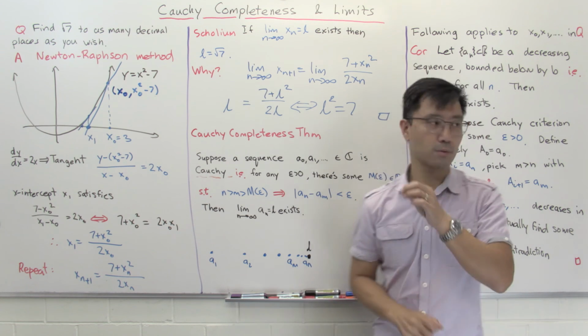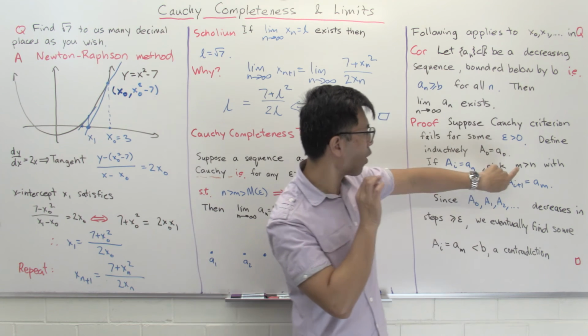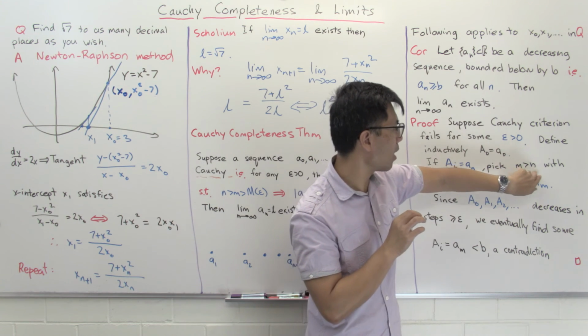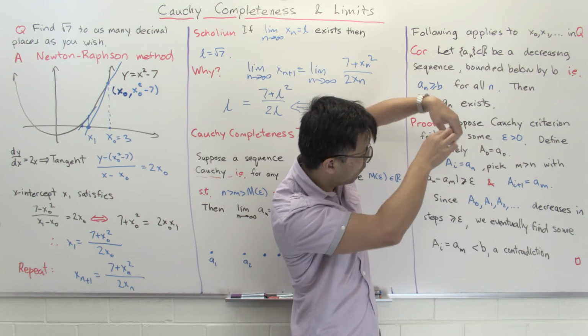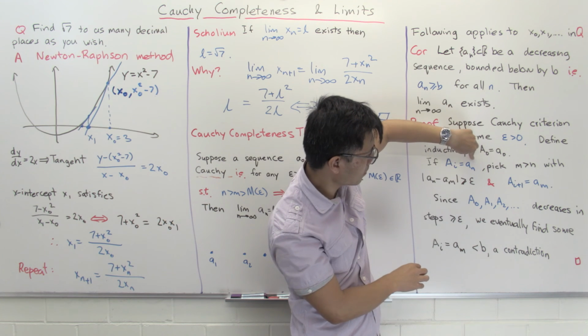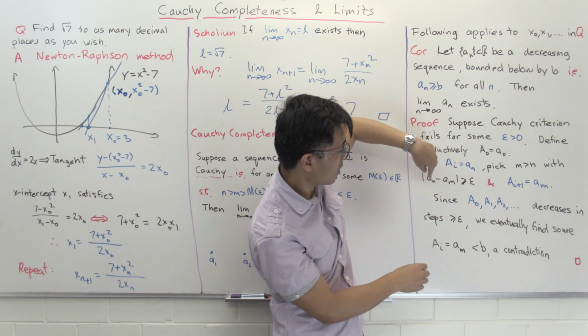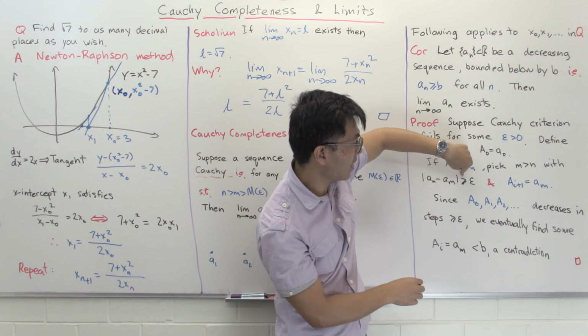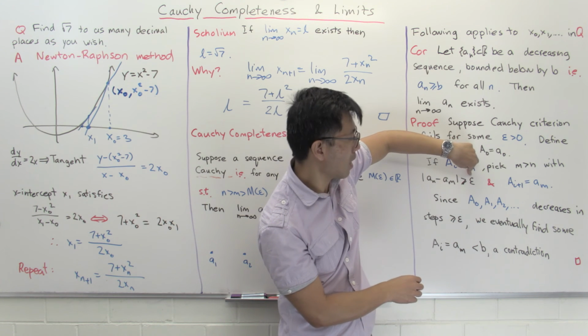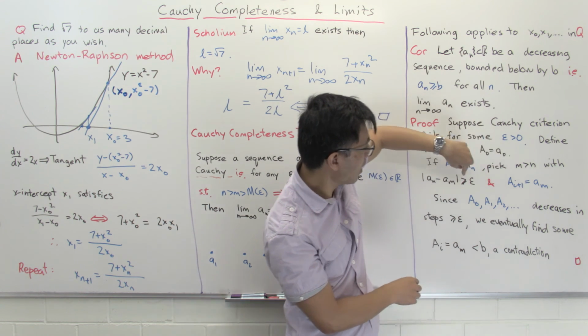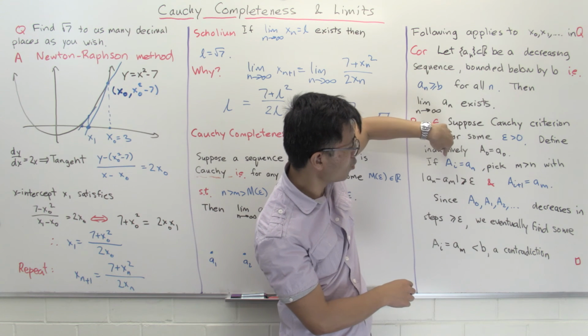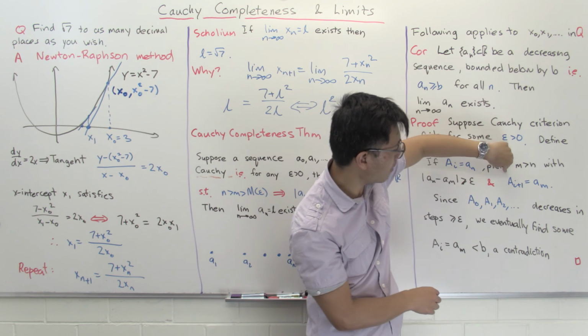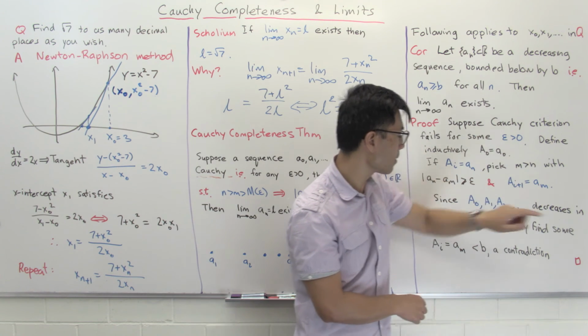Which means that you can go far enough out and find another sequence element for which this is false. So we're going to go further out and pick m greater than n, further down the sequence from an to am, such that the distance between an and am is at least epsilon. We're going to call this the next element in my new subsequence: capital Ai plus 1 is going to be this am.